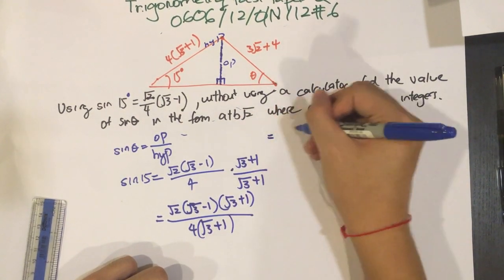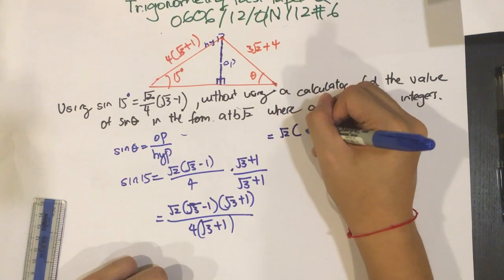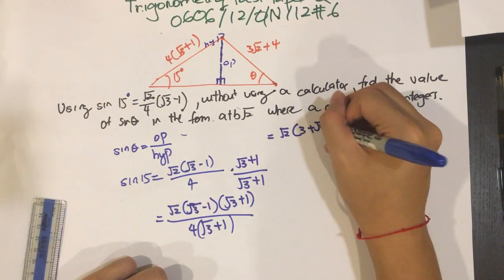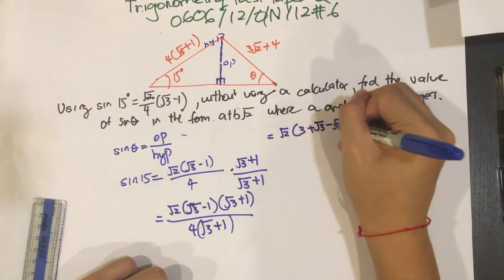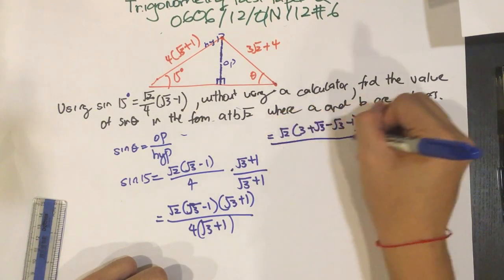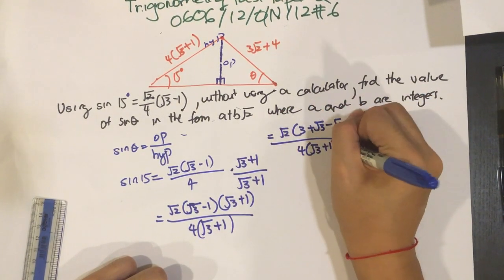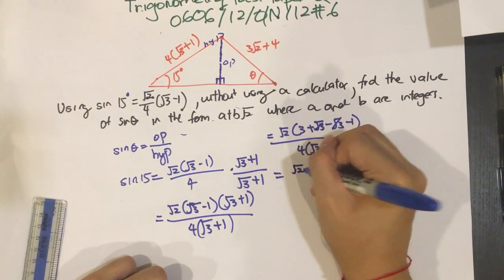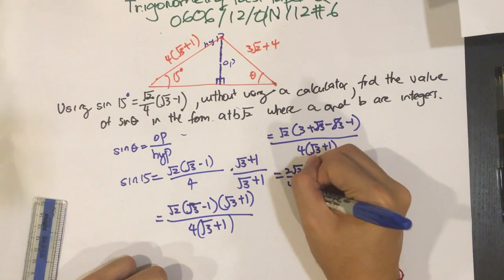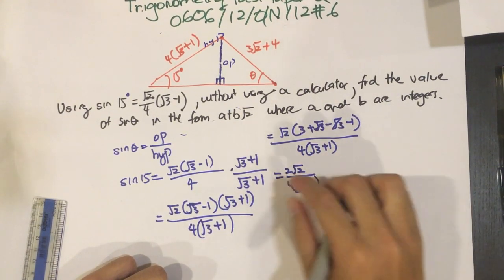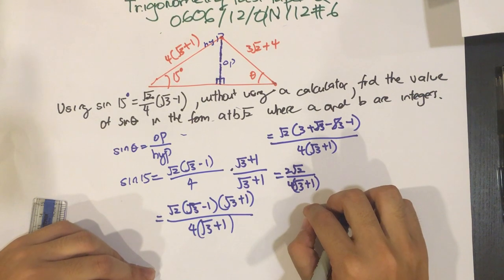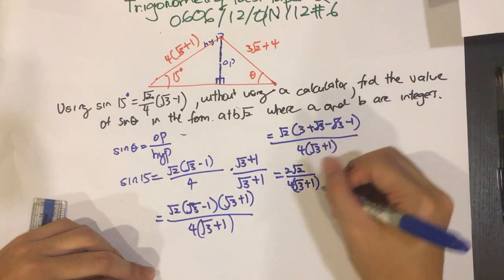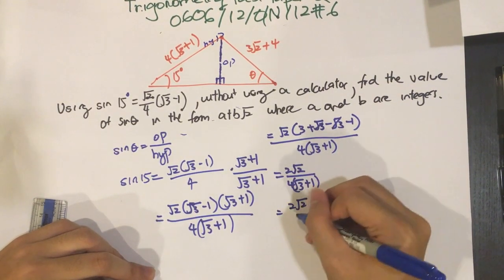If I expand this, it's 3, plus 3 root 3 minus root 3 cancels out, and then minus 1, giving 2. So root 2 times 2 over 4 root 3 plus 1, and this would be the value for our opposite.